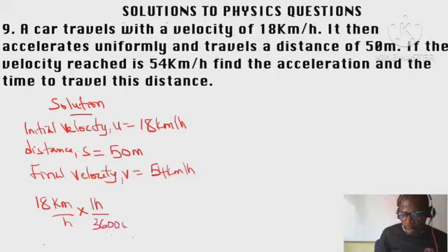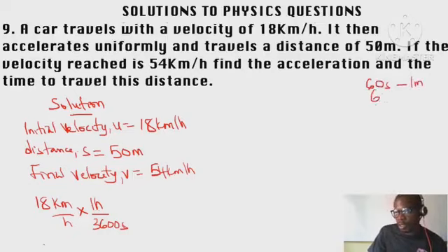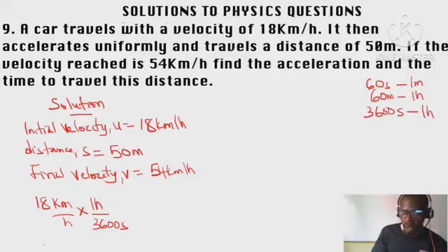As you know, 60 seconds make 1 minute and 60 minutes make 1 hour. That means 60 times 60 seconds gives us 1 hour, which is 3,600 seconds. So 1 hour over 3,600 seconds is still the same thing.